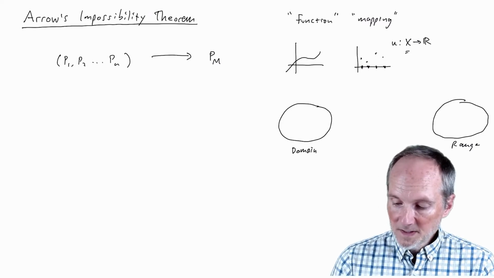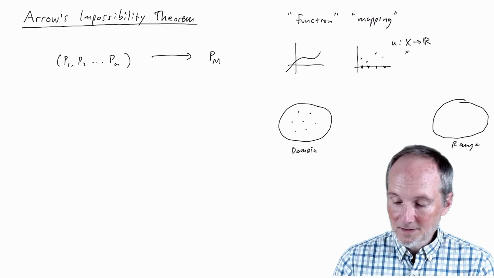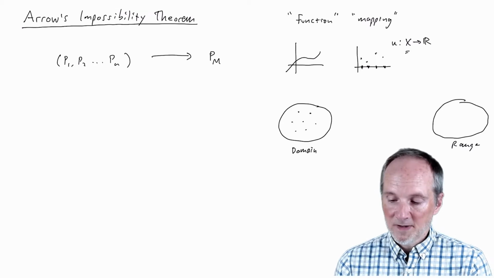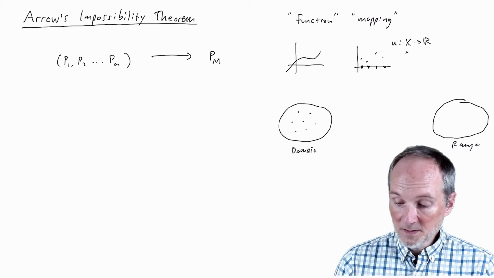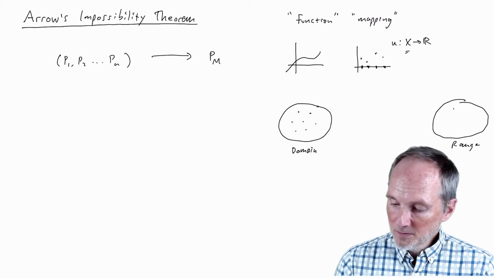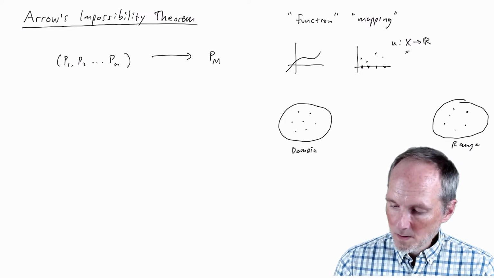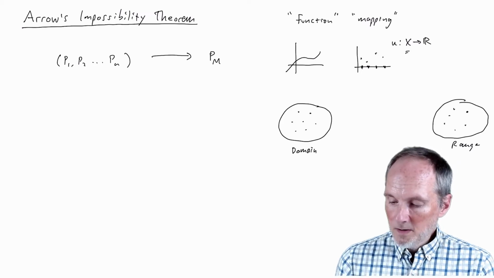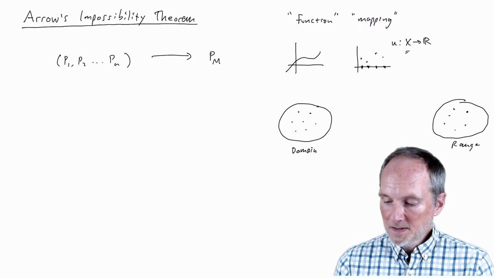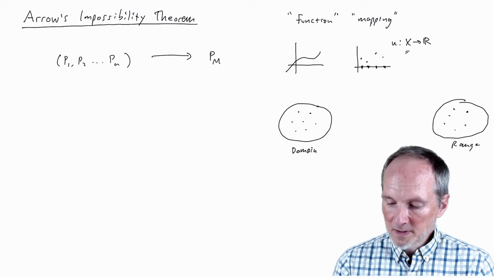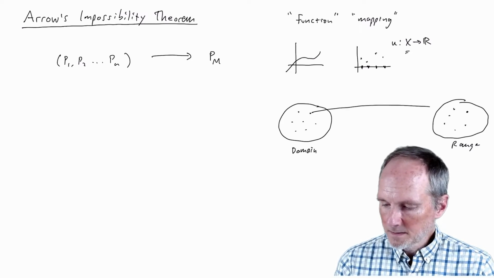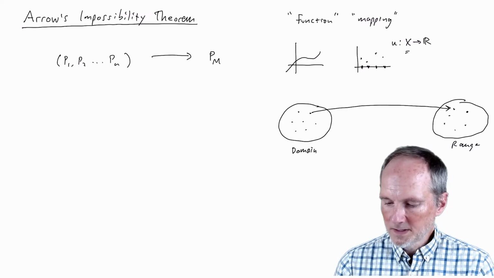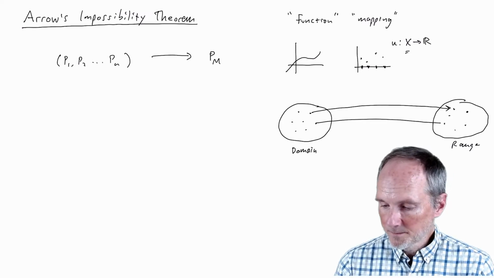There's some set called the domain, with some things in it. Maybe it's the real line. It could be infinite, it could be finite, it doesn't matter what they are. And same with the range. What a function or a mapping does is to each element of the domain, it assigns some element in the range. It's just an assignment.